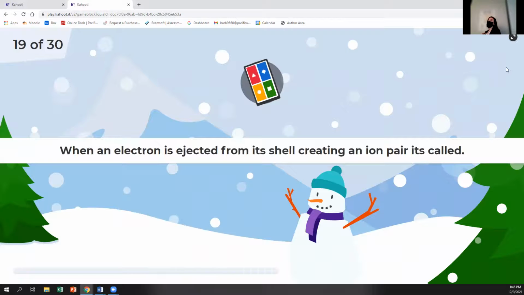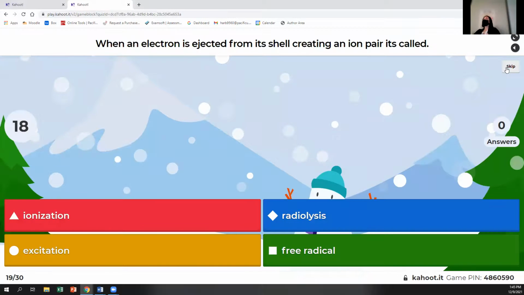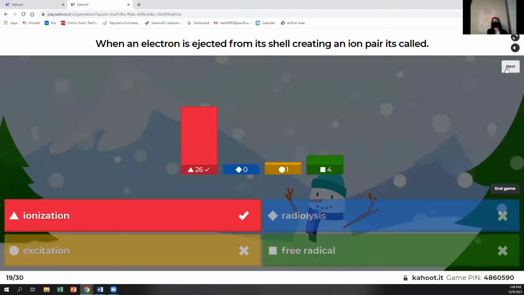Okay, when an electron is ejected from its shell, creating an ion pair, it's called ionization, excitation, radiolysis, free radical. Ionization. Good.